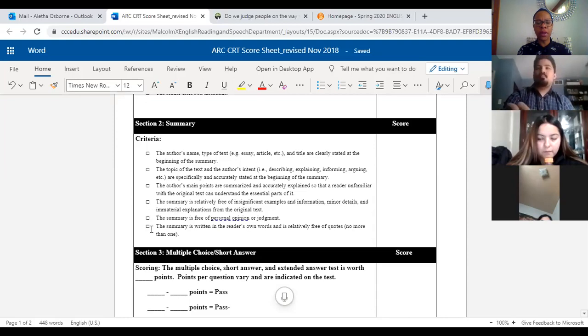Remember to stay away from pronouns like I, we, or us, and try your best to avoid agreeing or disagreeing with the text in your summary. A major criteria with summary writing is to paraphrase. That means to take what the author has stated and put it in your own words, using as few quotes as possible. So again, this is just a review of the guidelines.